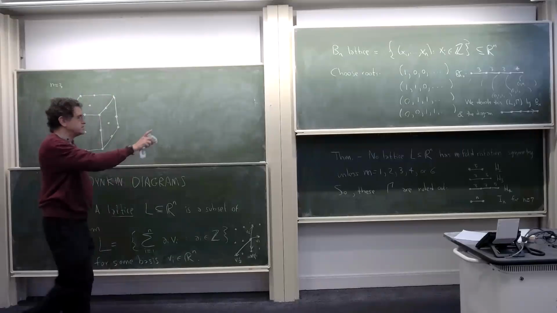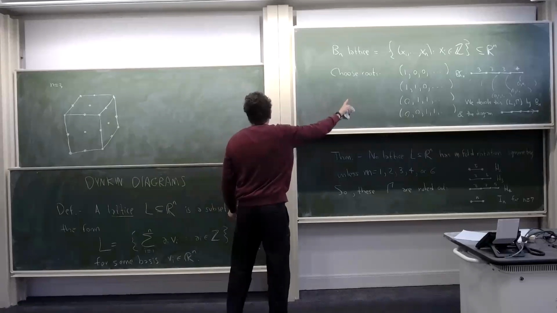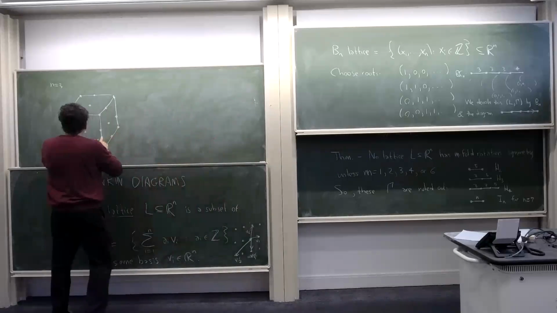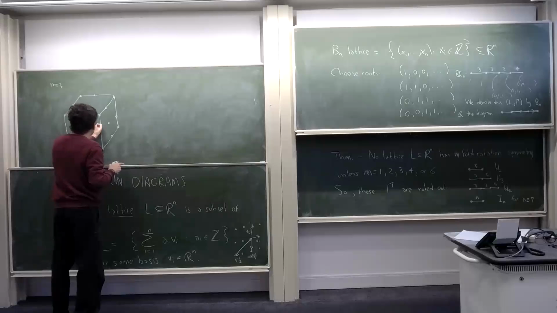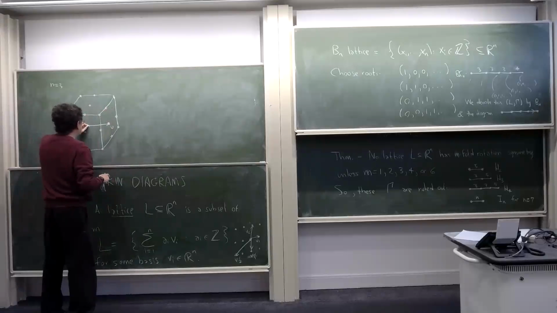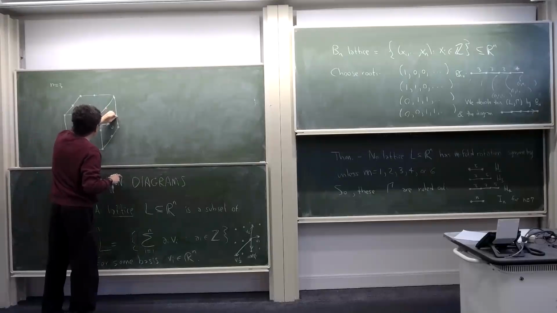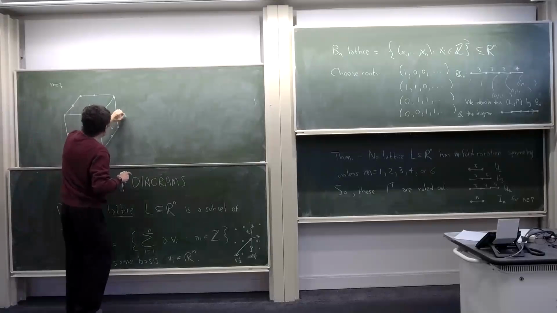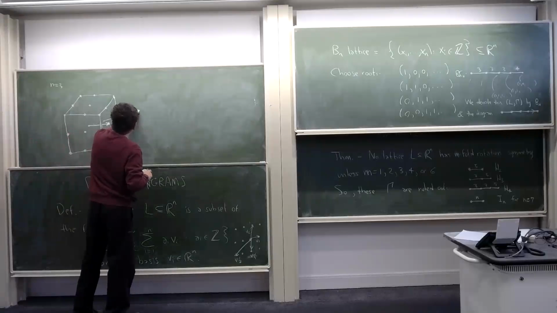And so this vector 1, 0, 0, that's this one here. And then this vector 1, 1, 0, that's this vector. Maybe I should draw it behind. That's this vector going back here, at 45 degrees.